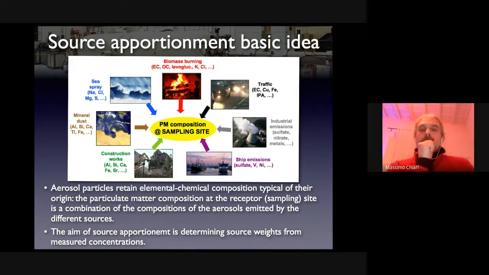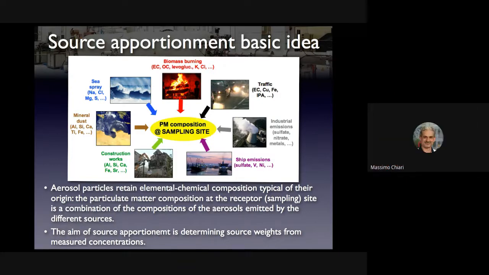Why is it important to study the elemental composition of aerosol samples, not compounds or molecular information? Because one nice property of aerosol particles is that they keep the same elemental or chemical composition typical of the source that originated them.